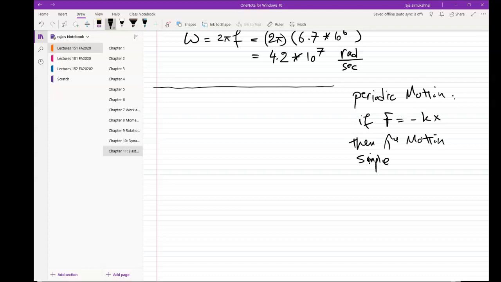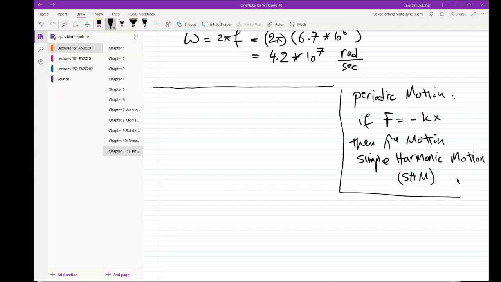I will explain what that means in a minute, and for abbreviation we just call it SHM, okay? So SHM means simple harmonic motion. Again, periodic motion or oscillatory motion, okay? And why we call it simple harmonic, I'll come back to this in a second. But that's just another name for it, okay?